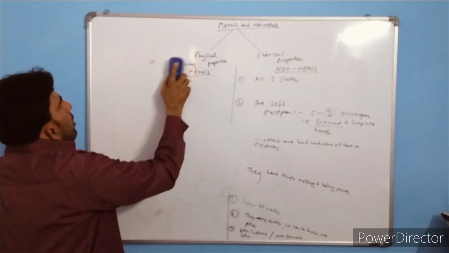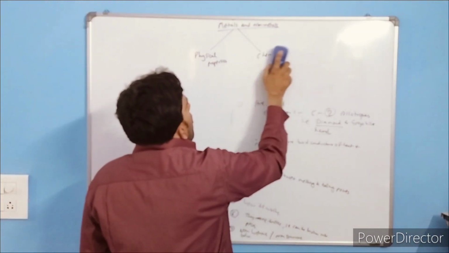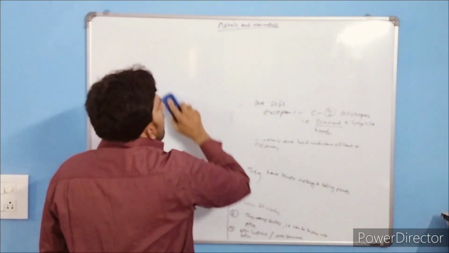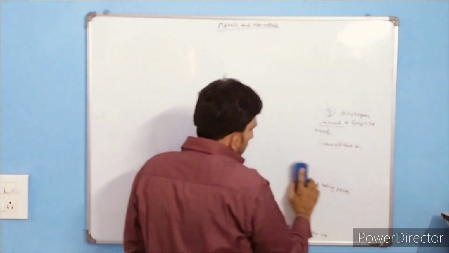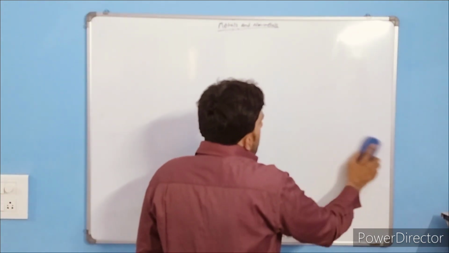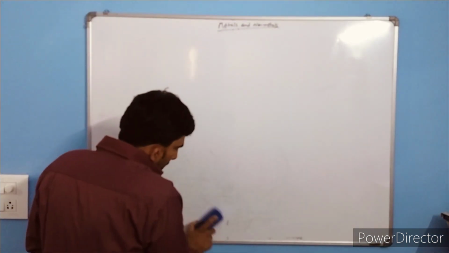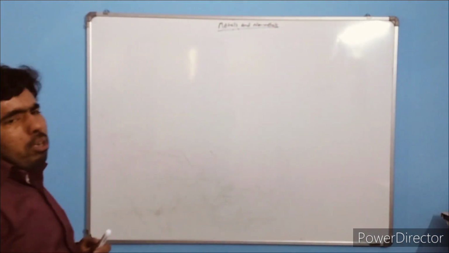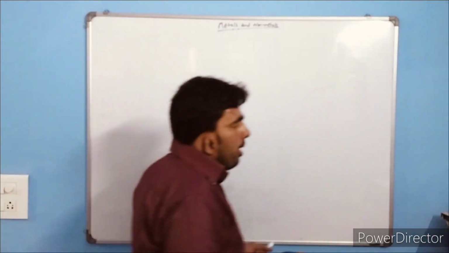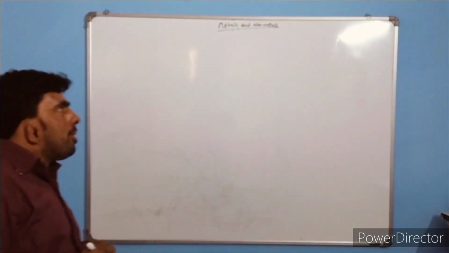A lot more is there in terms of physical properties. Many more examples and exceptions can be taken. Like we can say metals are colorful, non-metals are colorless. So lots of things we can discuss in physical properties.